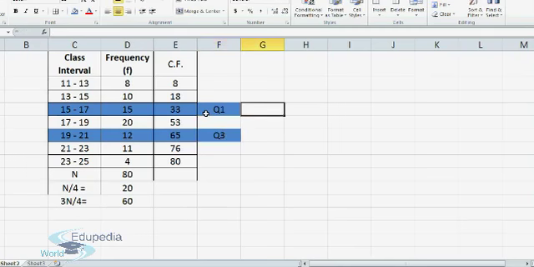Now this time it's a class interval, so we will have to use the formula to find the first quartile and third quartile.